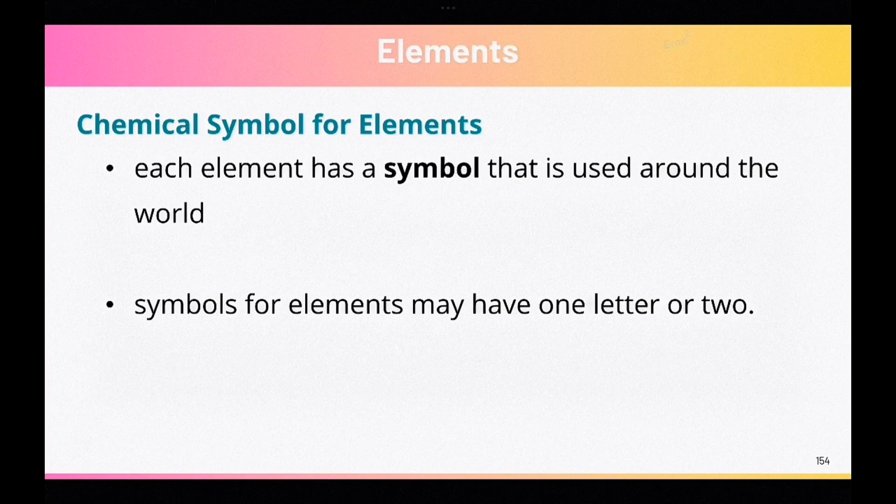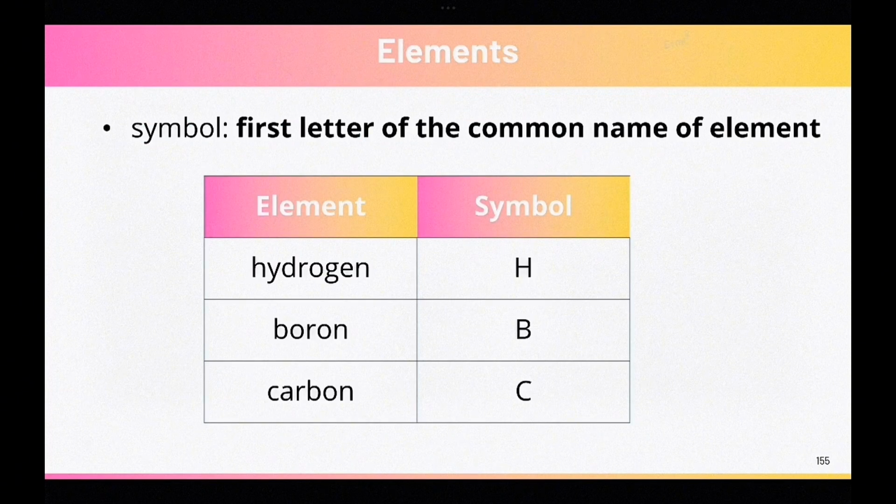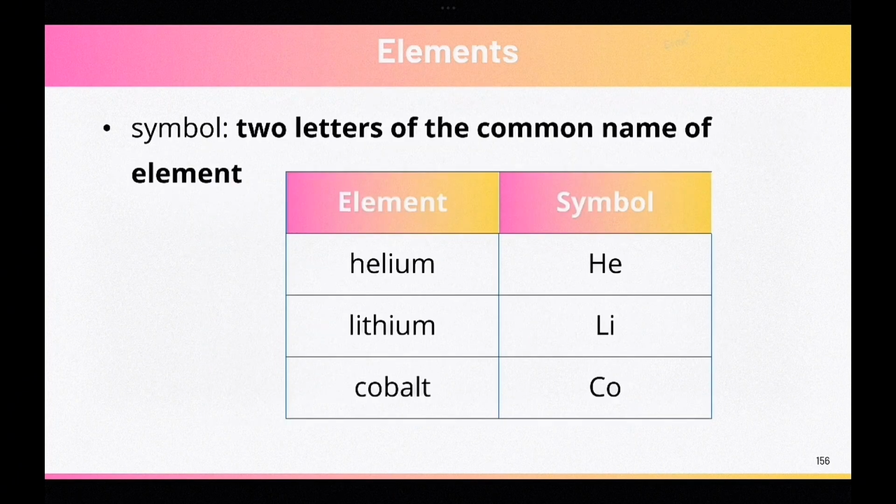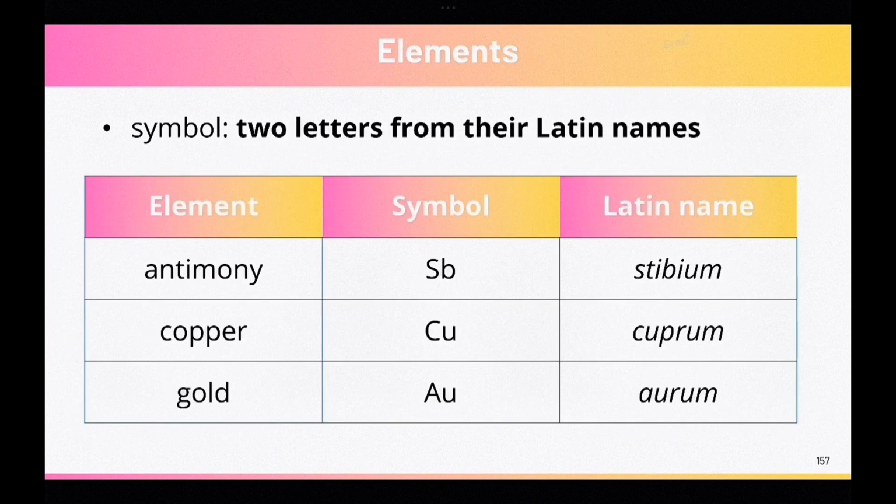The chemical symbols for elements are used around the world. Symbols for elements may have one letter or two. For example, the first letter of the common name: hydrogen is H, boron is B, and carbon is C. For two letters from the common name, we have helium, which is He, lithium as Li, and cobalt as Co. For Latin names, antimony has the symbol Sb, from the Latin name stibium.